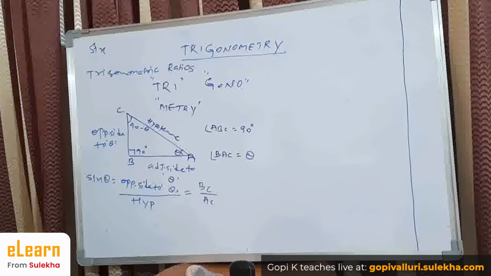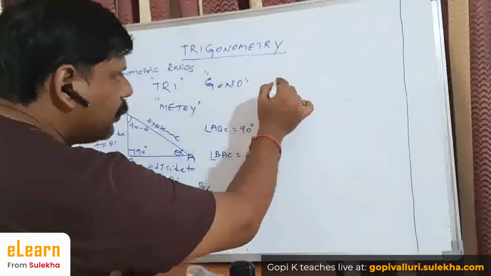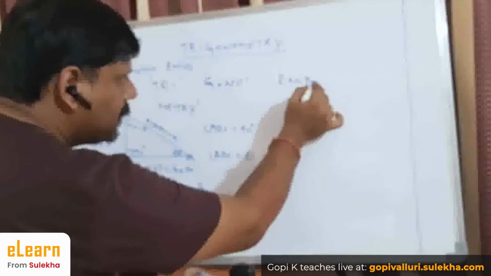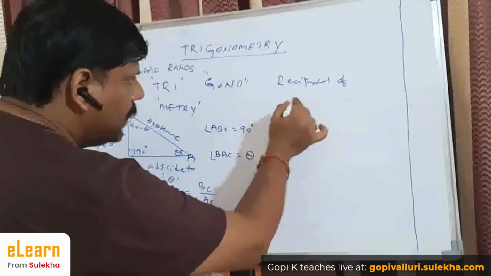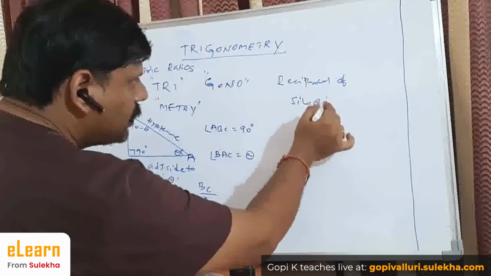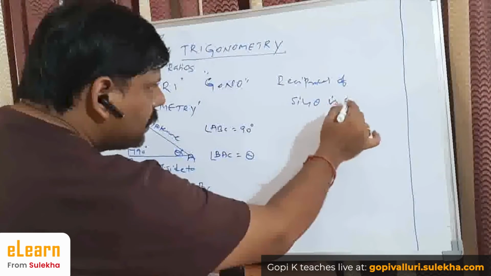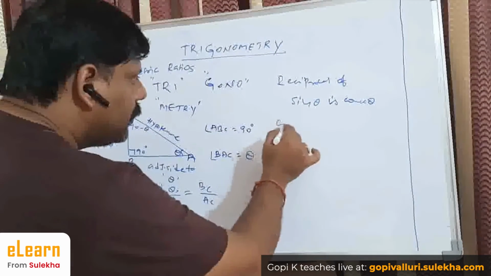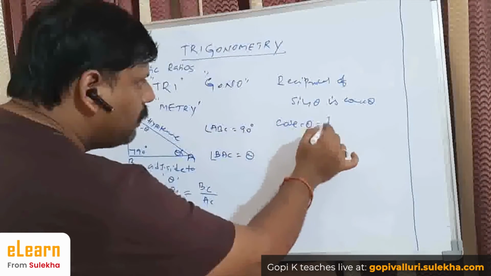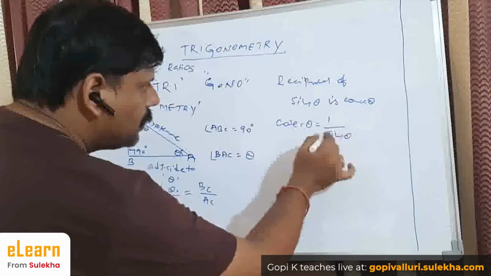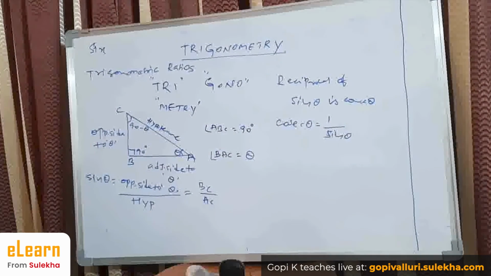The reciprocal of sine theta is cosec theta, so cosec theta is equal to 1 by sine theta.